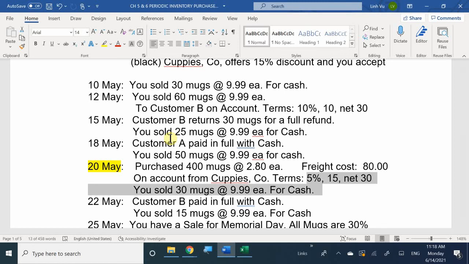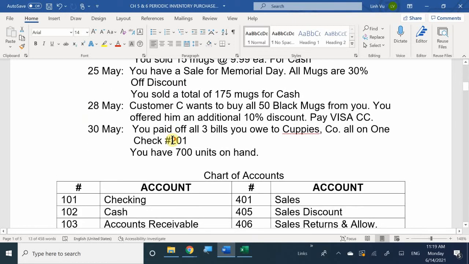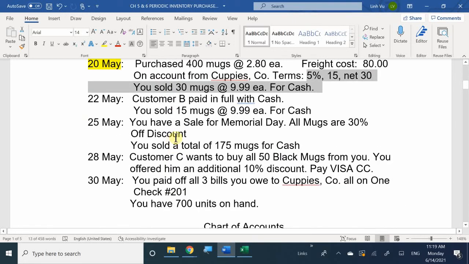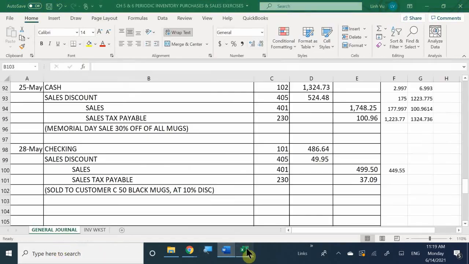So yes, I get to calculate a 5% discount off of the 400 mugs that I originally purchased for $2.80. And all of this was paid on one check? Yes. All right, so we have to do a little math here. Let's take a look at our journal so we can keep track of our total accounts payable.